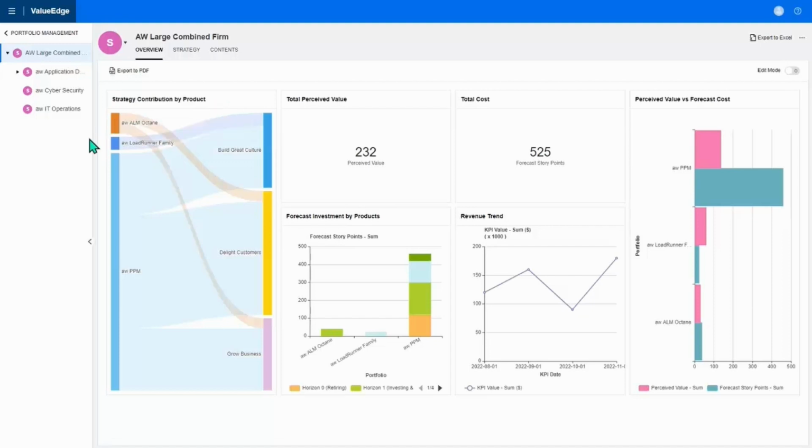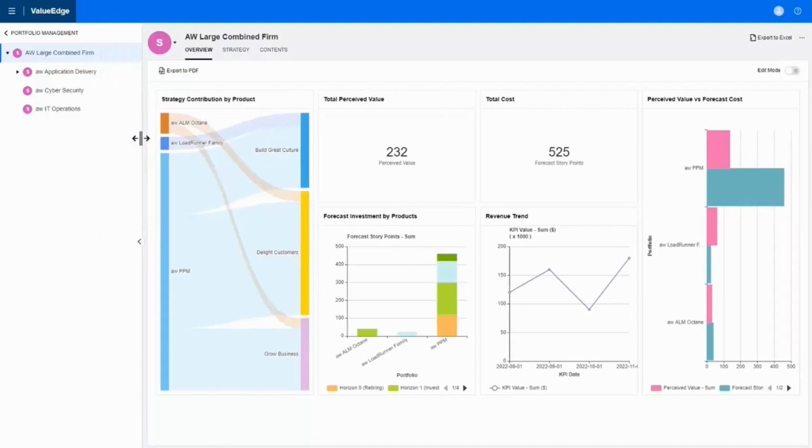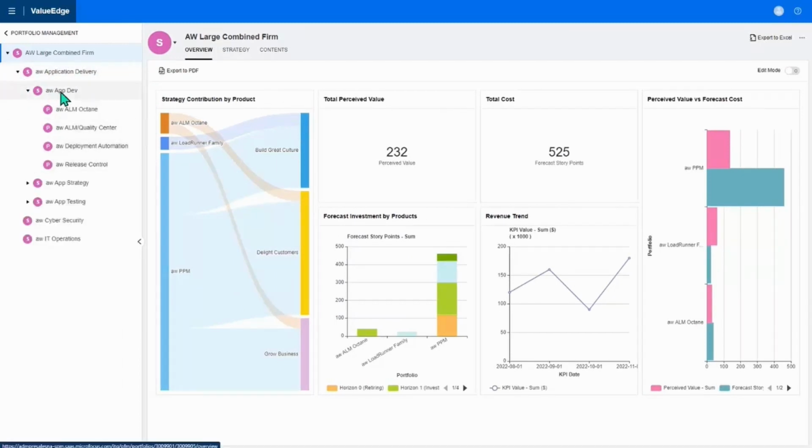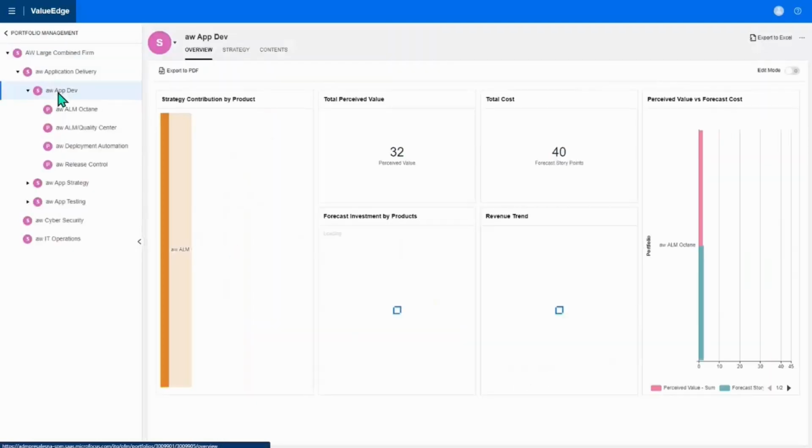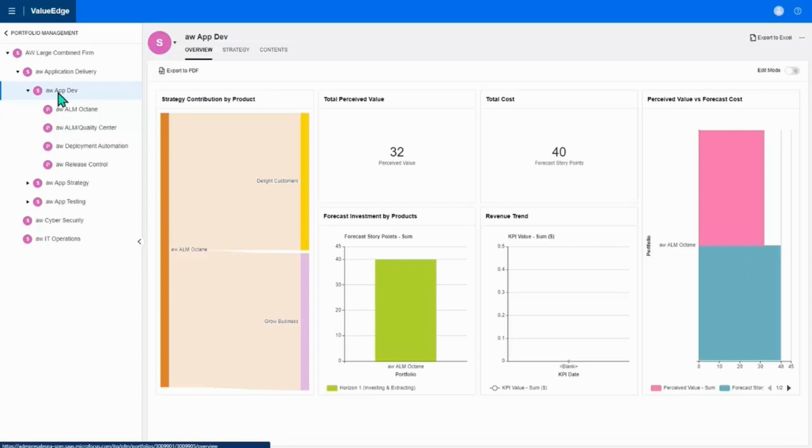So on the left-hand side, I'm just going to give us a little extra real estate here by dragging that screen. As I'm selecting in this hierarchy to lower levels, in this case, we'll select the app dev, you'll notice that the widget information will change as we're doing that. So we're looking at context-sensitive dashboards, and those two different types of portfolios that I talked about include the portfolio for products.